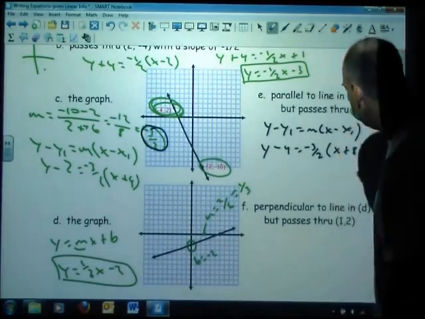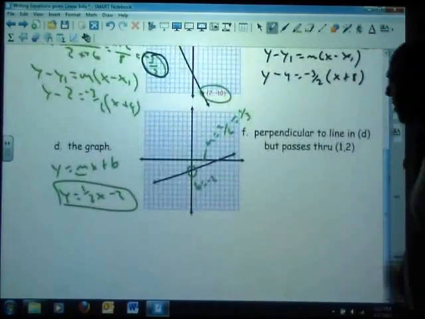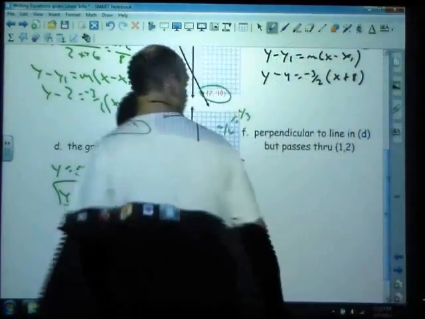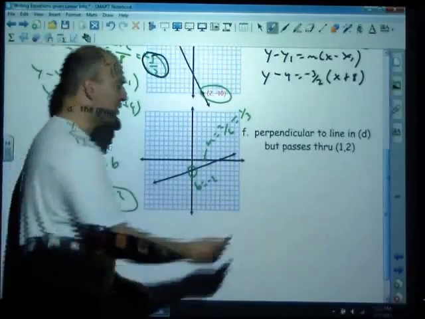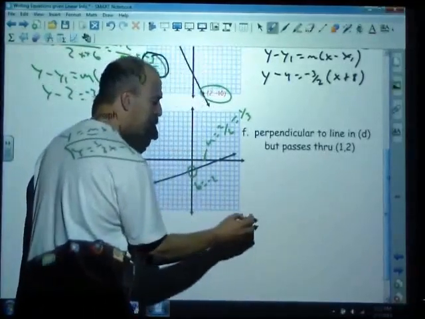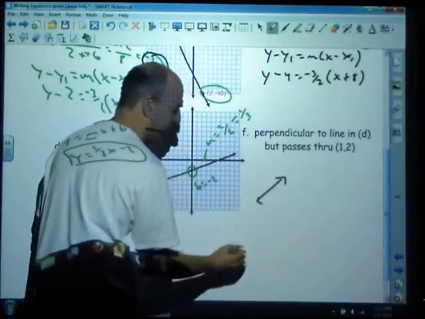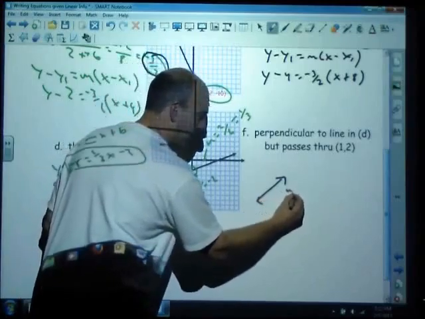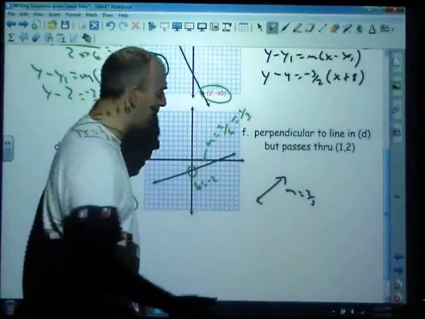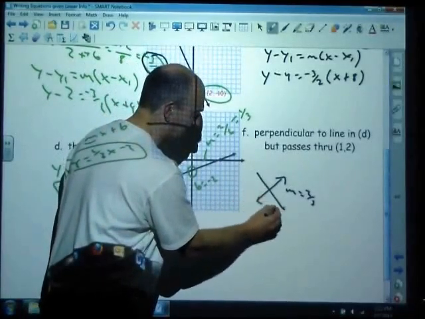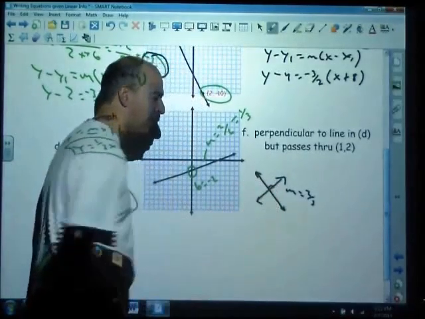Okay? Now, one more situation I want to talk about before I totally lose my voice. And that is, what about perpendicular lines? Well, I could show you this here with a picture, but say you got a line and the slope is 2/3. All right, and now a perpendicular line is a line that intersects this line, but it intersects it at a 90-degree angle.